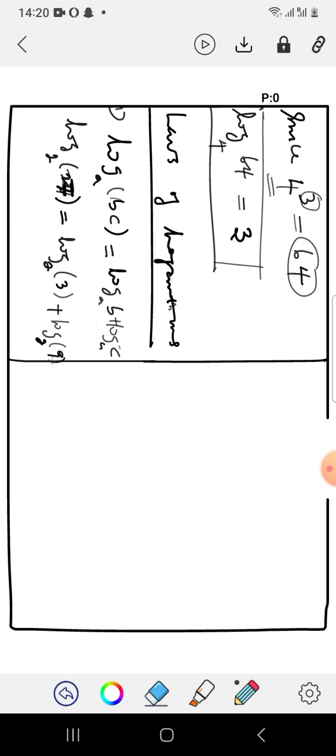So that's what that is saying. What will you raise 2 to give you 3? Whatever that is. What will you raise 2 to give you 9? Whatever that is, you lump them together, you get that.